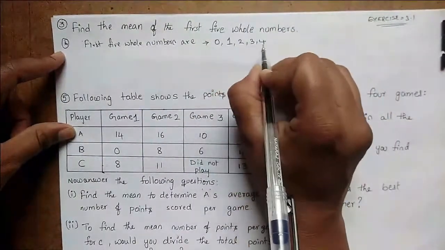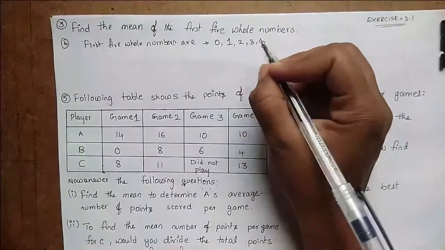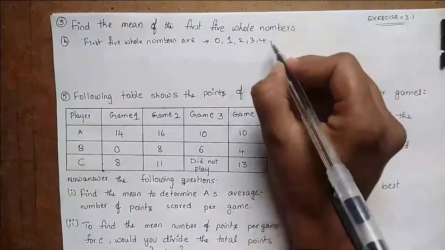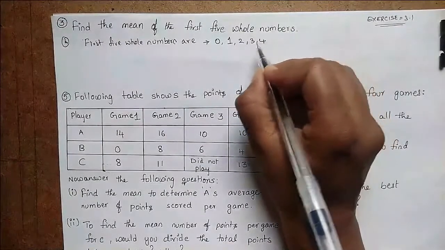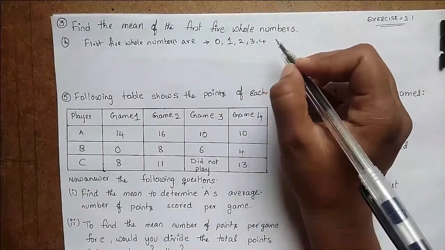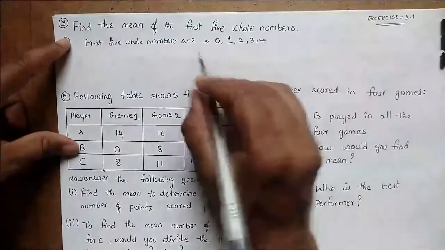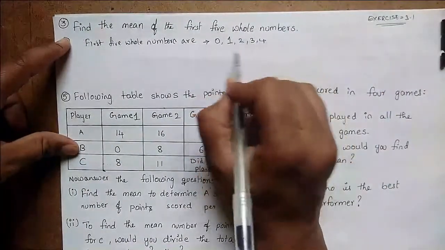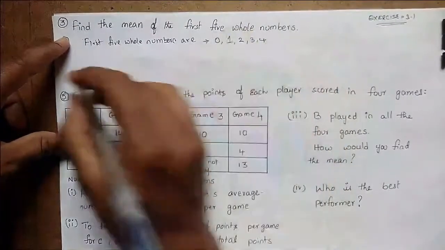Many people do something wrong here, going up to 5, and then the counting and the problem solving both give the wrong answer. So the first 5 whole numbers are 0, 1, 2, 3, 4.